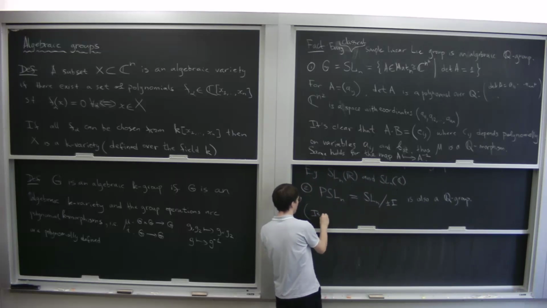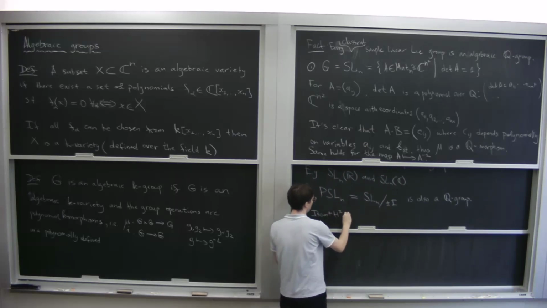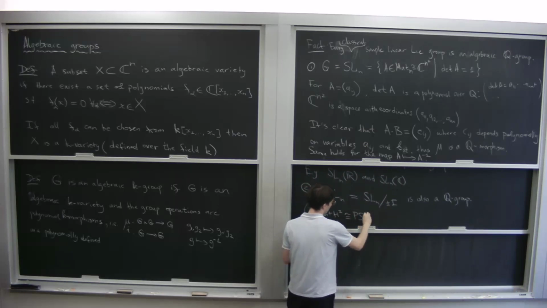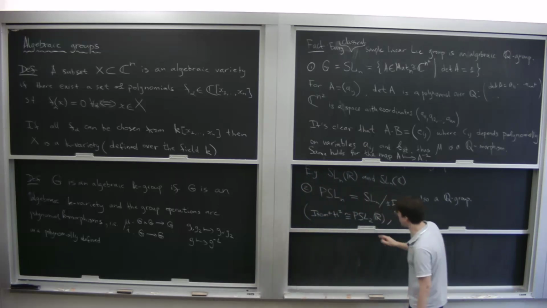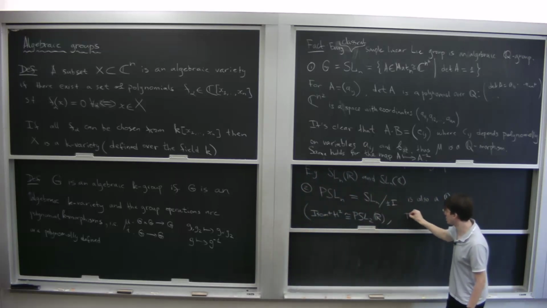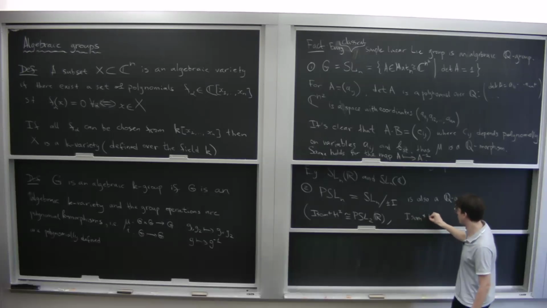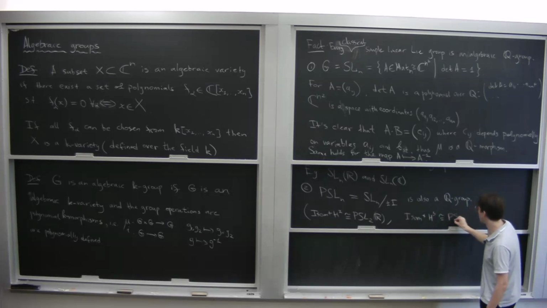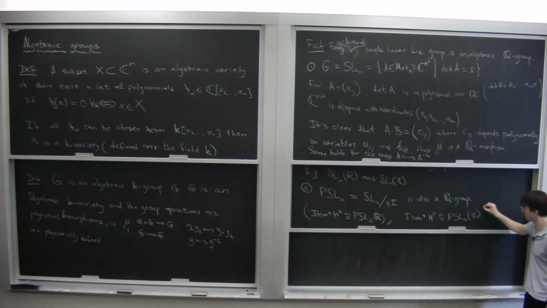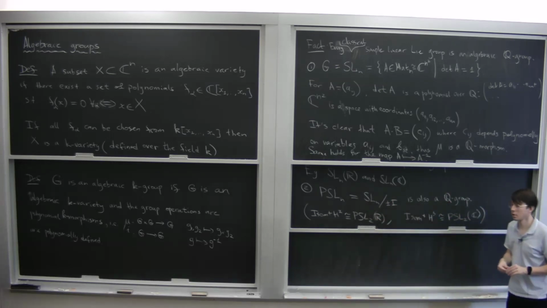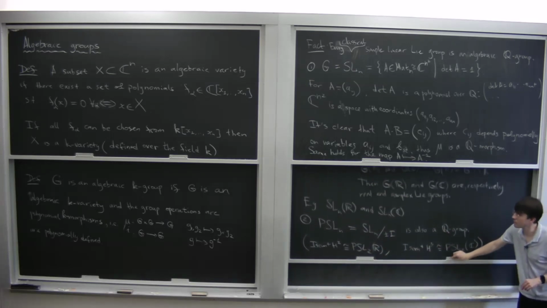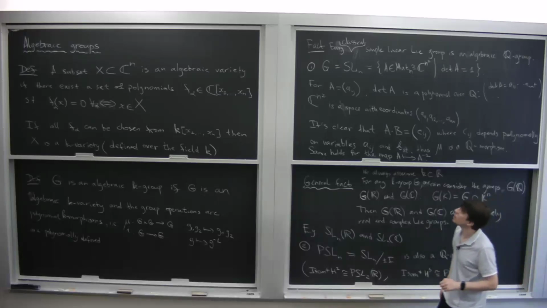I recall that Isom^+ H^2 is PSL_2(R), real points of PSL_2, and Isom^+ H^3 can be identified with PSL_2(C), the complex points of this group when n is equal to 2. Okay, so these are our examples.